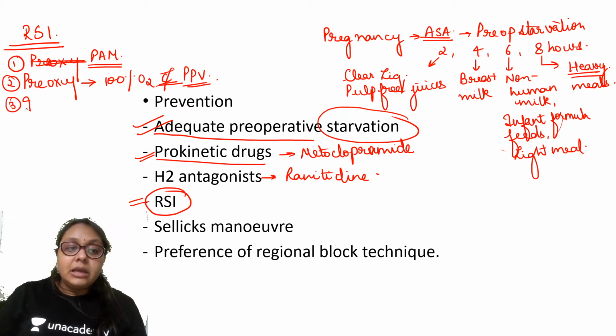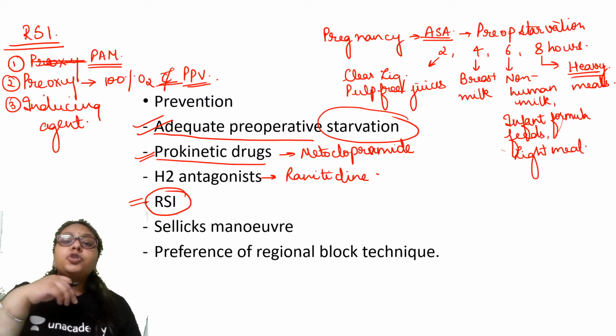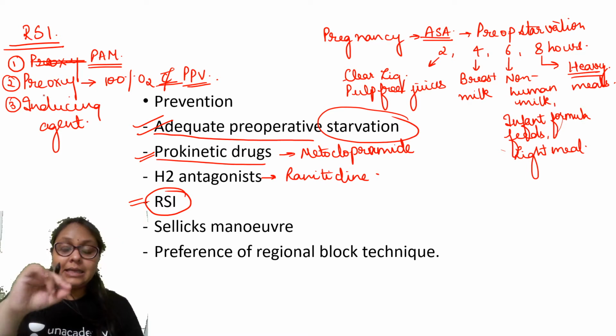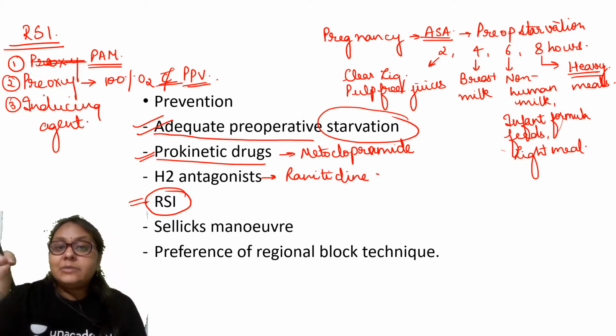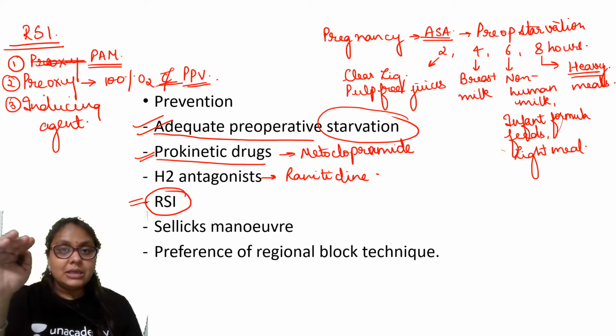And after that, give the inducing agent. While giving the inducing agent, you should put pressure on the cricoid cartilage. That is the Sellick's maneuver. What is Sellick's maneuver? Whenever you give the inducing agent, there will be loss of consciousness, and the reflexes will also be weakened.